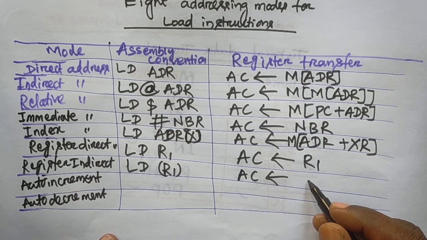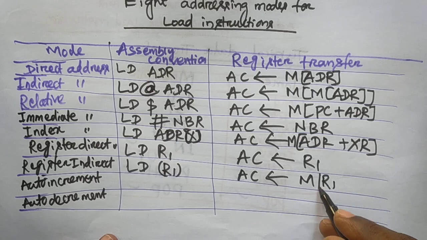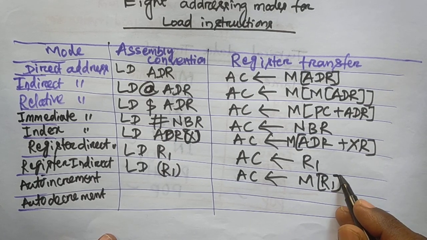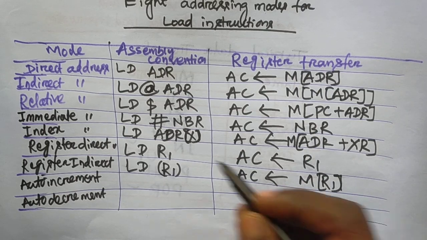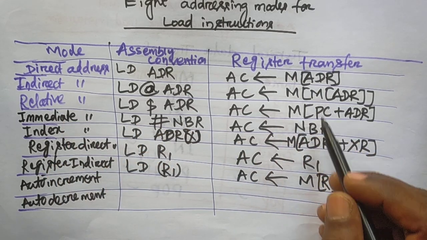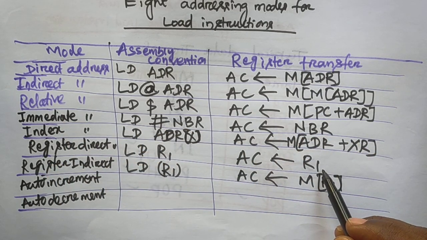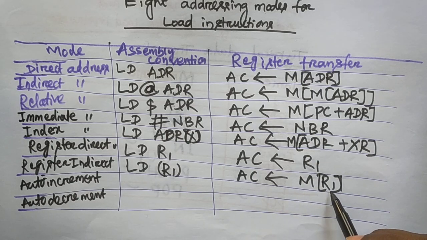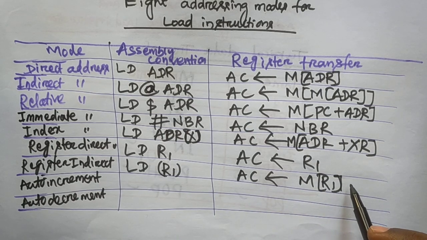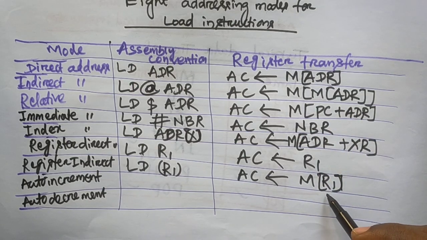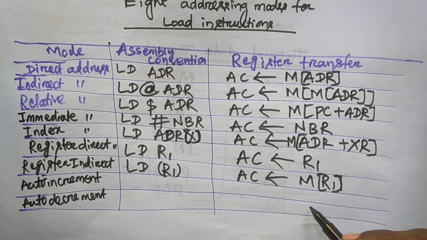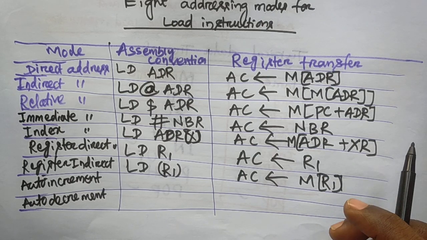Indirect means a memory register is used in this way. There is a difference between direct and indirect data: if it is memory indirect, a double process is required, but for register indirect a single process is required. In this way we define the register indirect address.